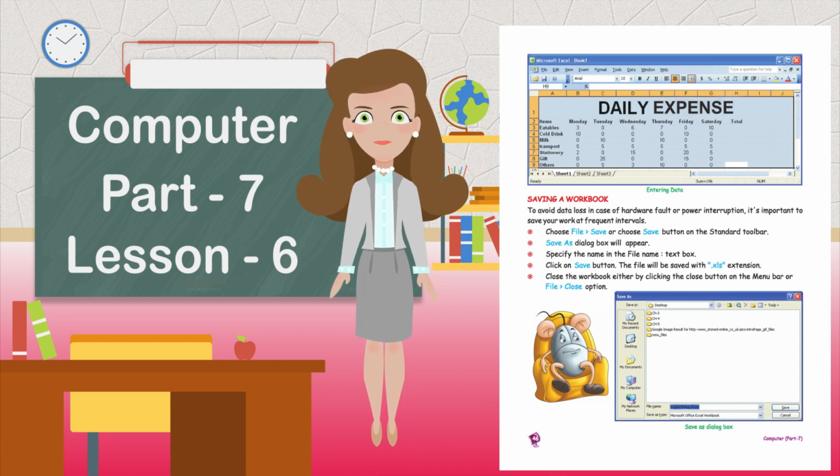Specify the name in the file name text box. Click on the Save button. The file will be saved with the .xls extension. Close the workbook either by clicking the Close button on the menu bar or File, then Close option.